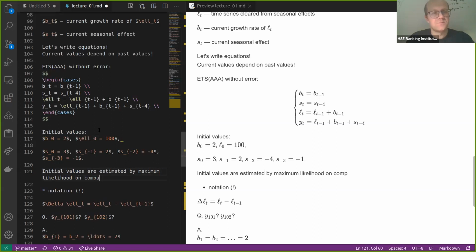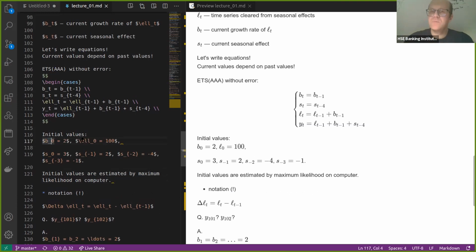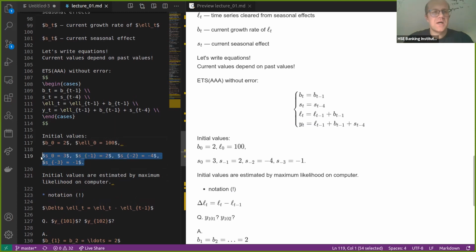But the initial B can be arbitrary, the initial L can be arbitrary, but the initial S0, S-1, S-2, S-3 should be linked.